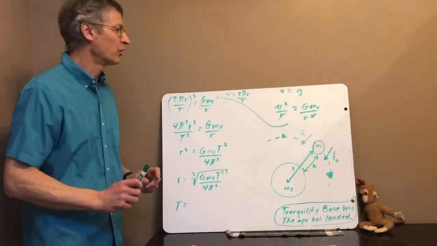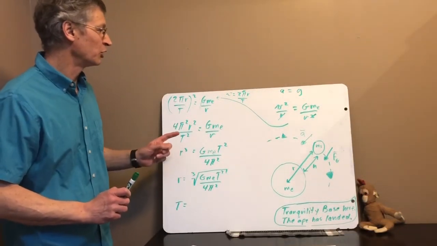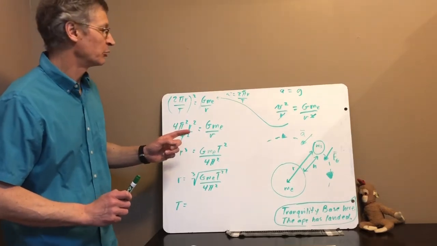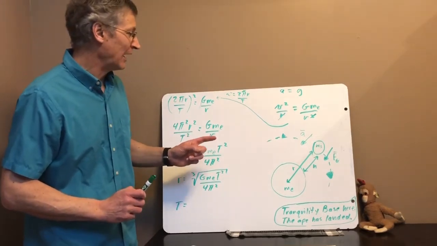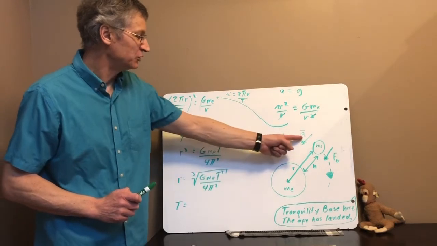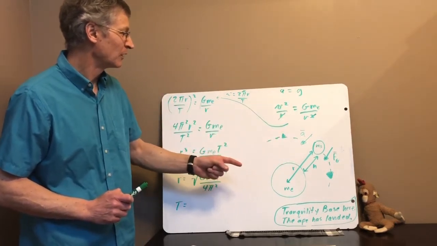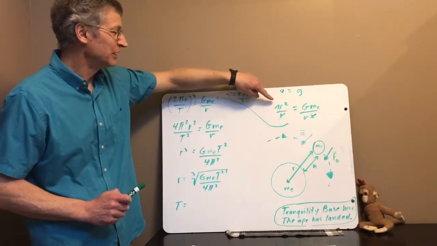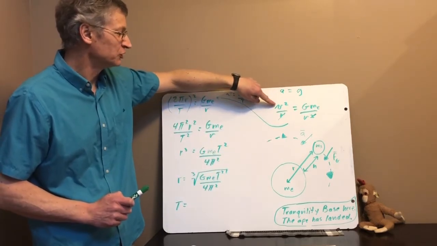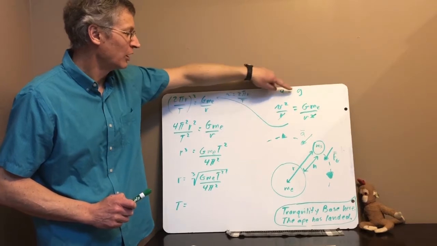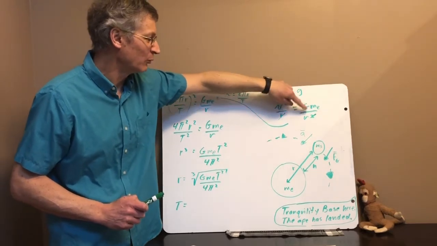Okay, so here we are, still doing this problem, still working through the algebra. Remember, we know that the acceleration due to gravity is the same as the gravitational field, and the acceleration is centripetal acceleration towards the center of the circle, v squared over R, gravitational field, G M over R squared.